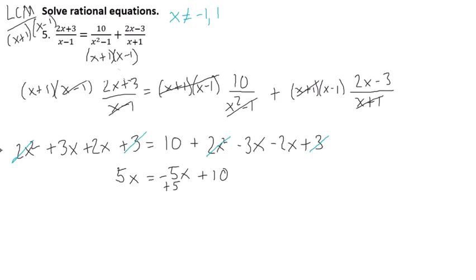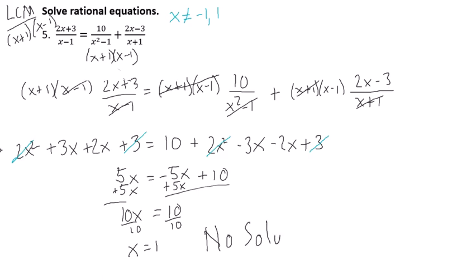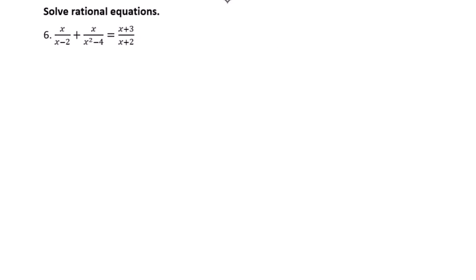Add 5x to both sides. You get 10x equals 10, divide by 10, and x equals 1. And earlier we said x cannot equal 1, so this one has no solution. All right, let's go ahead and look at our next example.